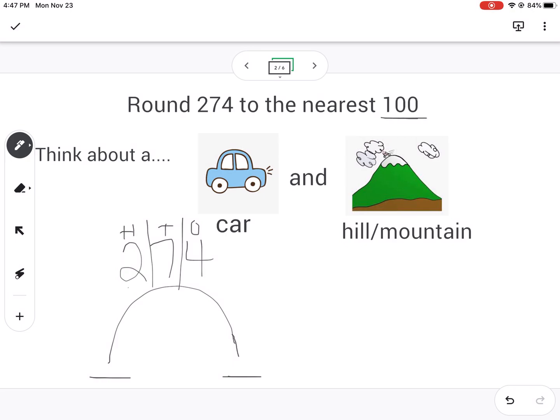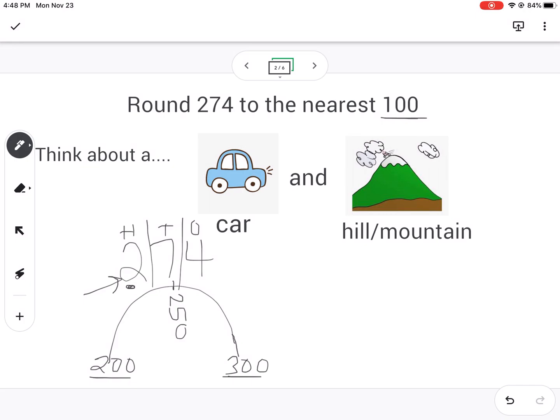So we're looking at the 100 spot, and this 100 tells us where to begin, which is at 200, because we're trying to figure out this number, 274, it's between which two friendly hundreds? 200, and if you jump 100, you'll be at 300. So this 274 is between 200 and 300, and right smack in the middle is 250.